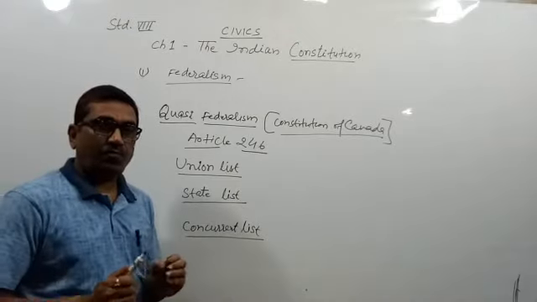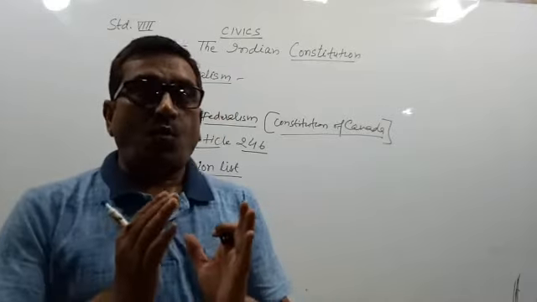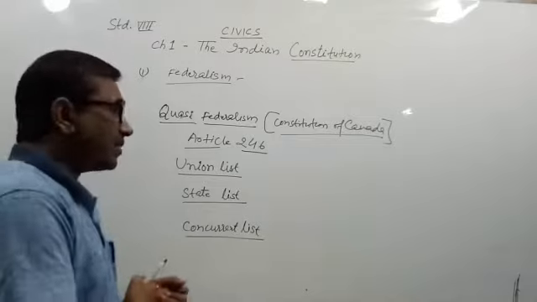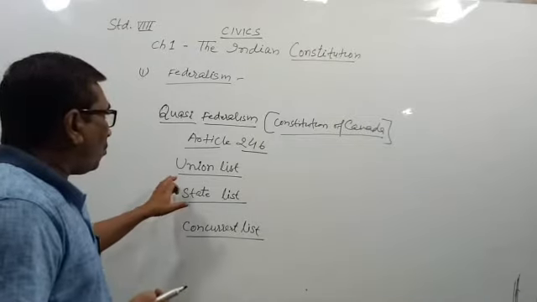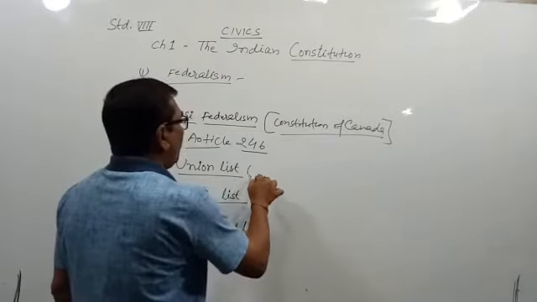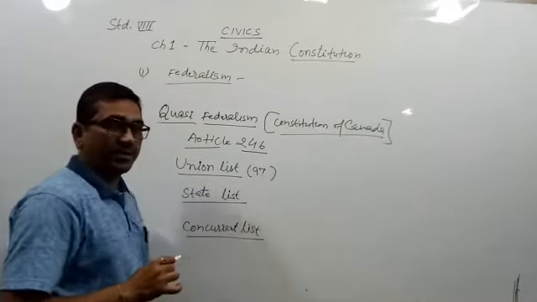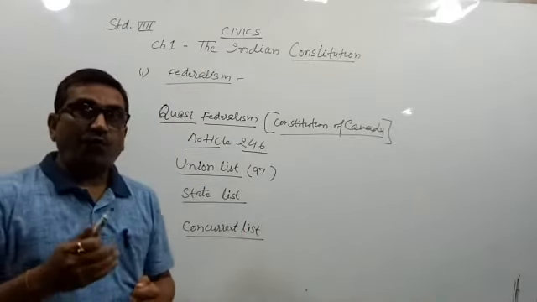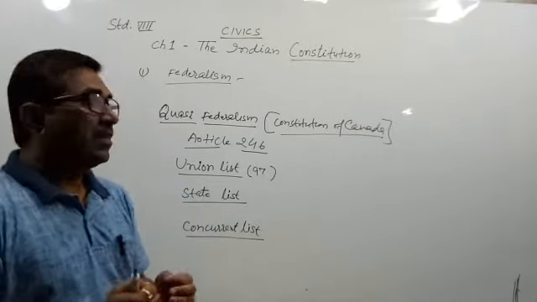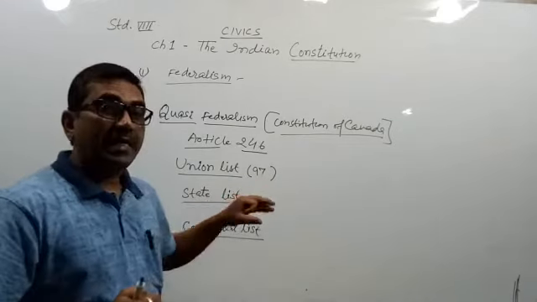Union list contains the subjects which have national importance. The union list has 97 subjects. If we include the sub-subjects, then it becomes 100, but the main subjects are 97.